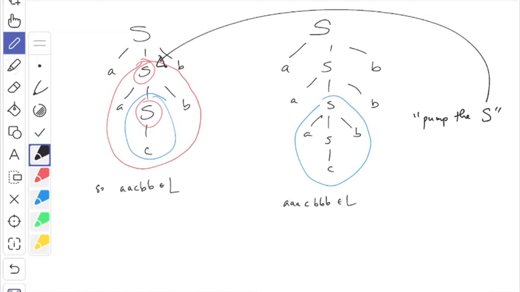And in this example, we started with a squared c b squared in L, and we were able to demonstrate that that actually means that a cubed c b cubed is in L. And if we continue doing the pumping, you can do this as many times as you like.